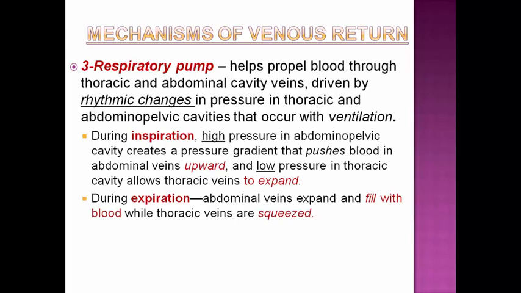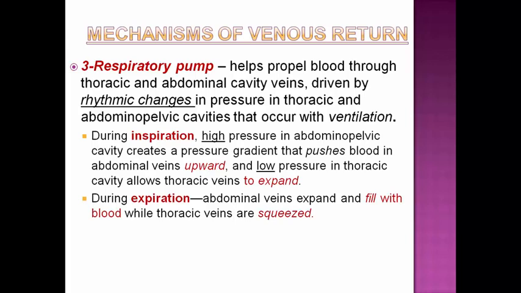The respiratory pump is another effective pump. The blood is in the abdominal cavity and the veins of the thoracic cavity, and you have rhythmic changes in pressure between the thoracic cage and the abdominopelvic cavity when we're breathing. During inspiration, you have higher pressure in the abdominopelvic cavity.